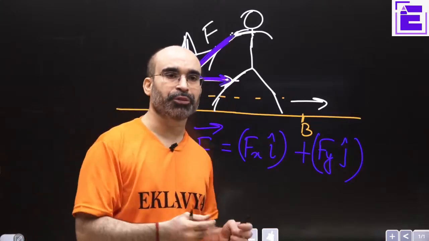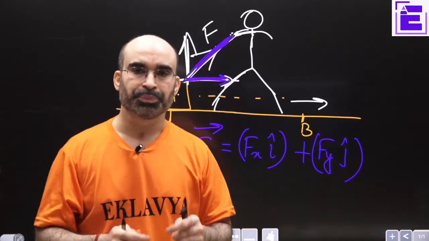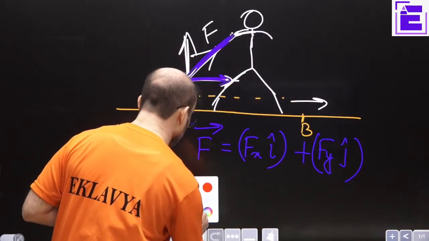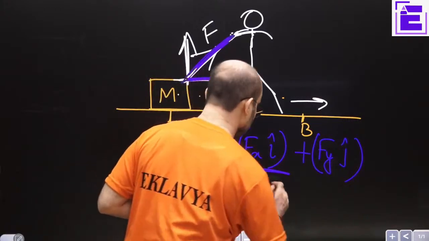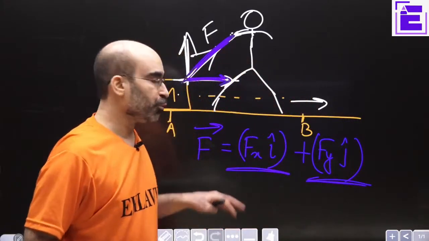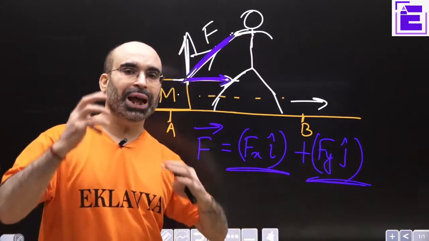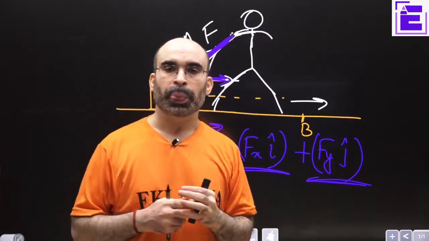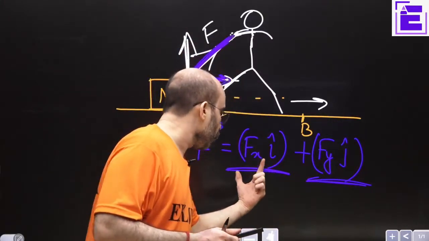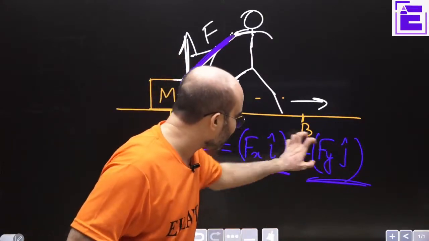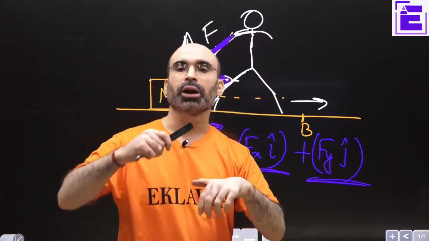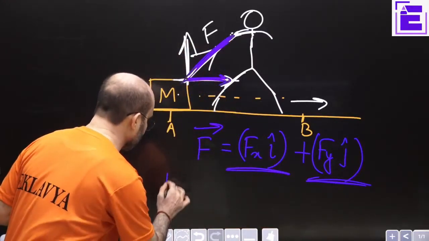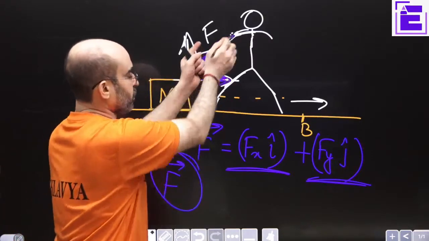This process of splitting a vector into components, we call this components. Force has two components. So now this force vector is expressed as the sum of the two vectors. If you simply add these two with proper vector addition, you will get the same value as that of this vector, right?